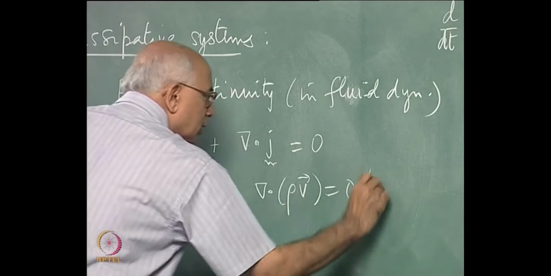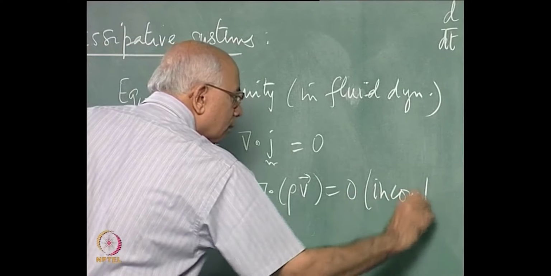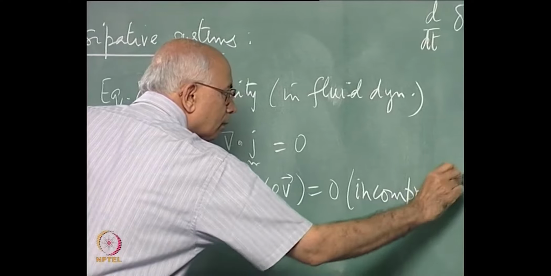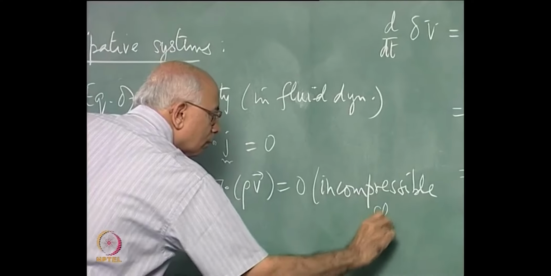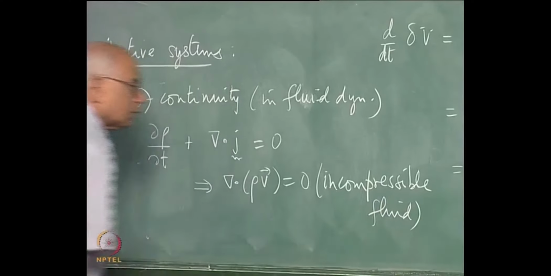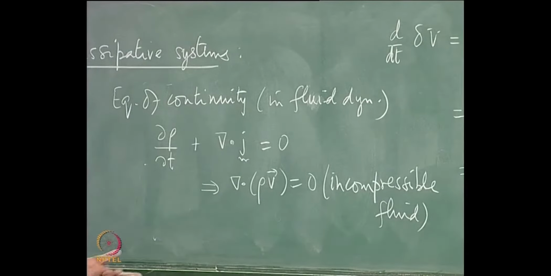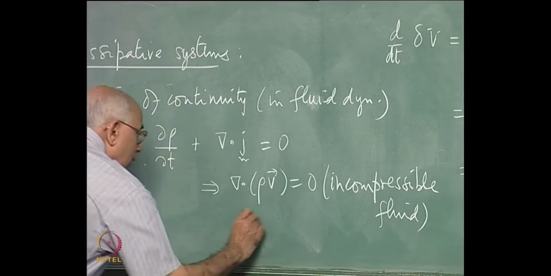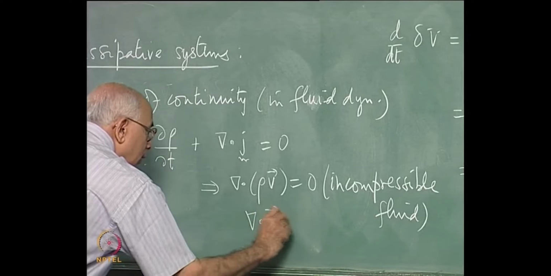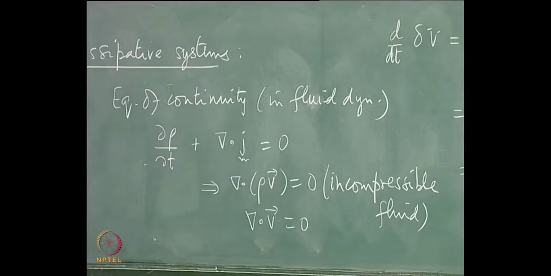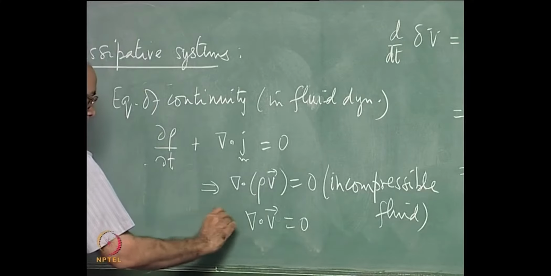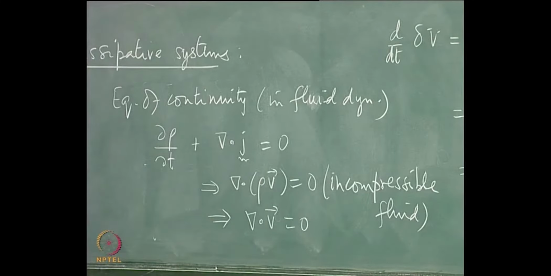This is incompressible. Since it is incompressible, rho does not change with time either, nor with space if it is homogeneous, and then therefore del dot V itself is 0. If rho is constant in space and time, then of course del dot V itself is 0.